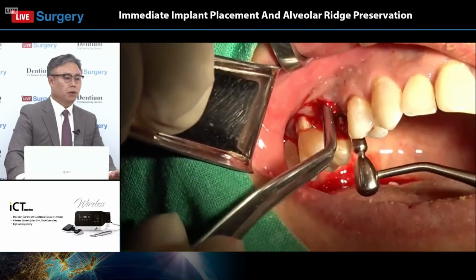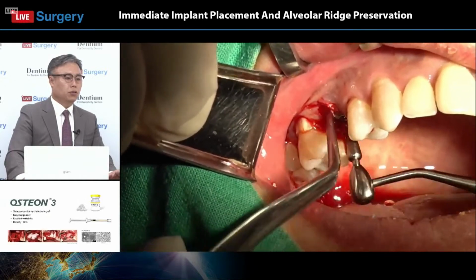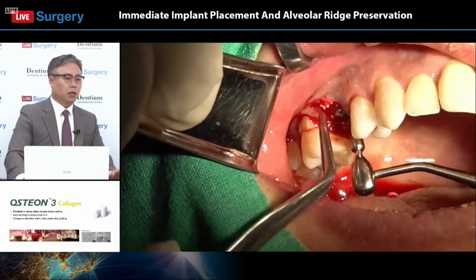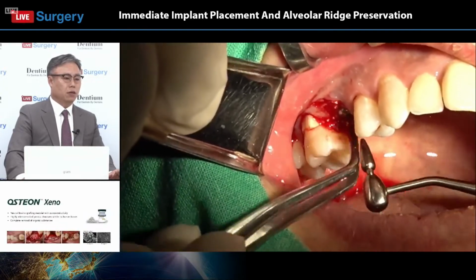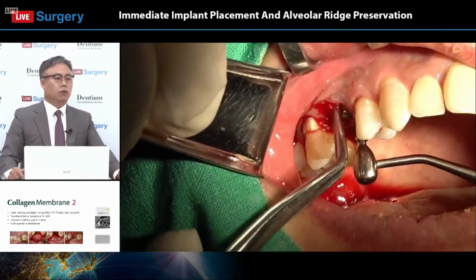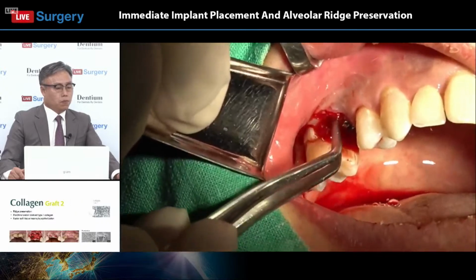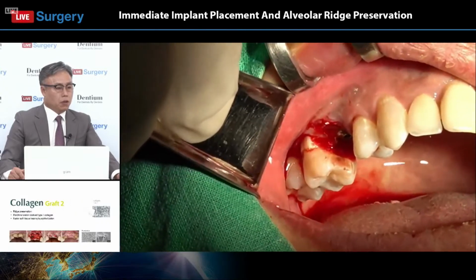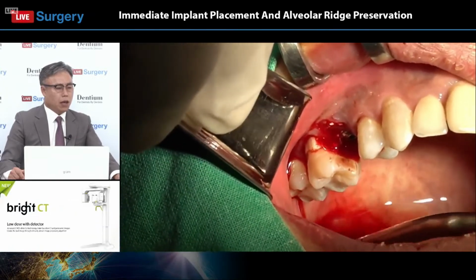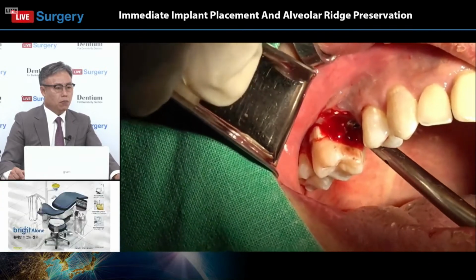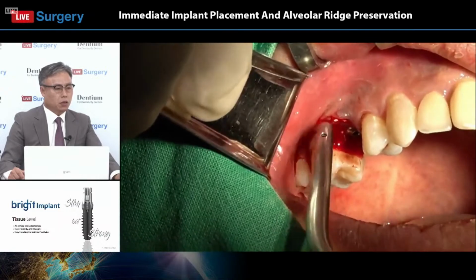Now he's applying the bone packer. As I showed you, one side of the bone packer looks like a bird beak, and the other side looks like a small micro mirror. Because this gap is probably 1 or 2 millimeters, I don't think we need a collagen matrix for this case.